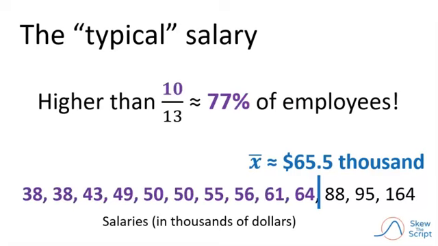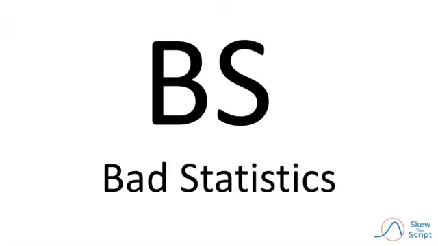And that number is higher than 10 out of 13 of the employees, higher than 77% of the employees, more than 3/4 of them. So saying that that number is typical when it's more than the vast majority of the employees' salaries, I'm not sure about that. I think that is BS, bad statistics.